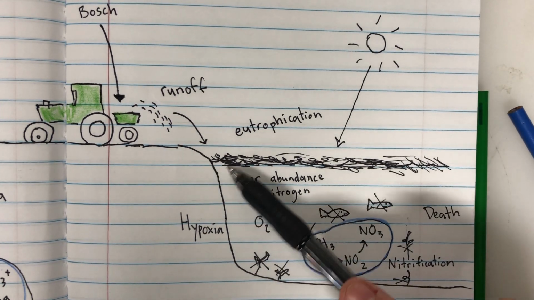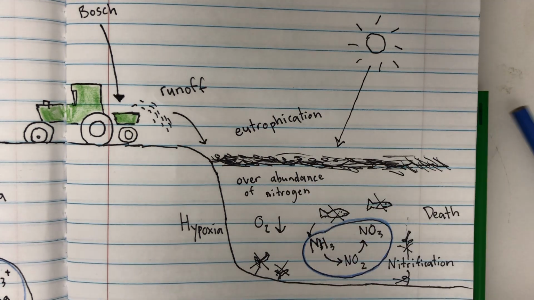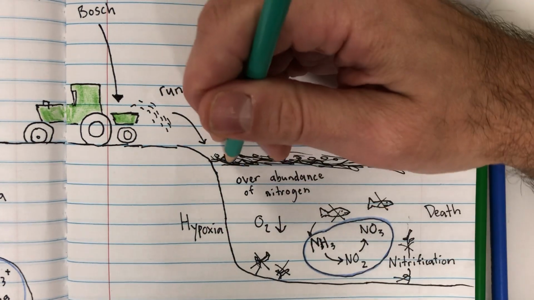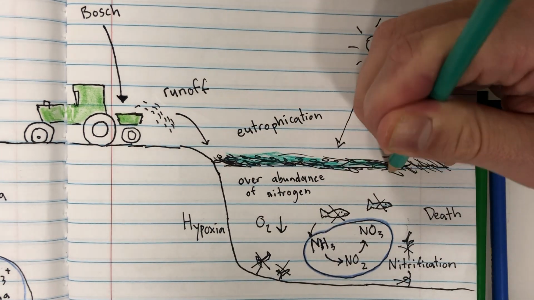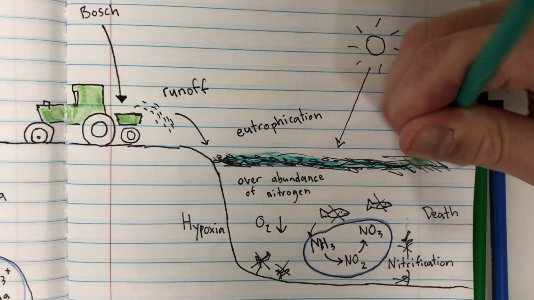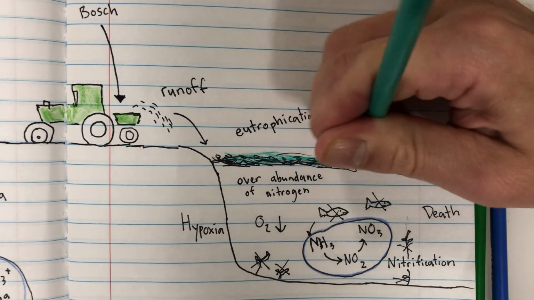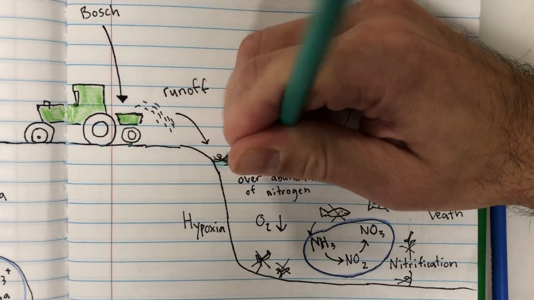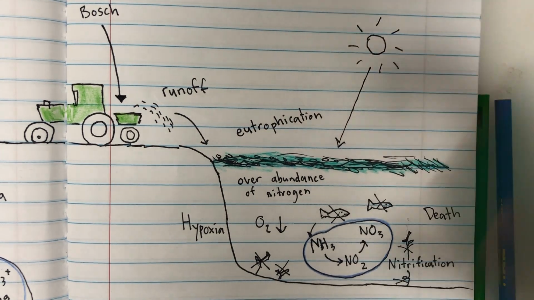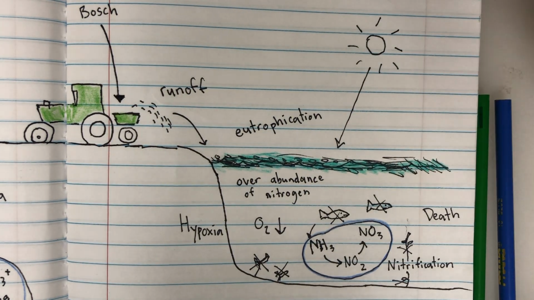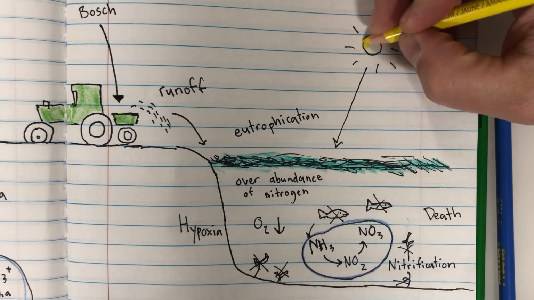But when we have eutrophication, we have a mat of algae that grows on top of the water, okay? And we have all this plant material on top, duckweed and algae, almost like a mat, and no sunlight can really get through the water, okay?